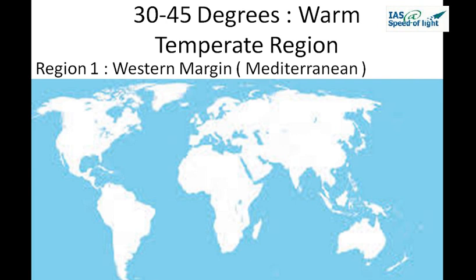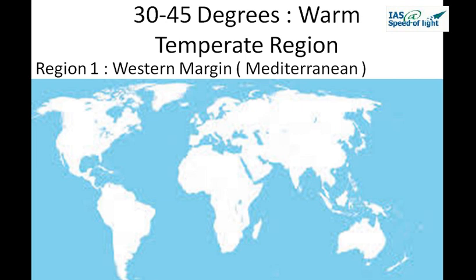And one thing we have to keep in mind always is that as we move up in latitude, from the equator to the north pole and the south pole, we are going to experience milder temperatures. At the equator we have extreme summers, but as we move up from the equator, we have milder temperatures.